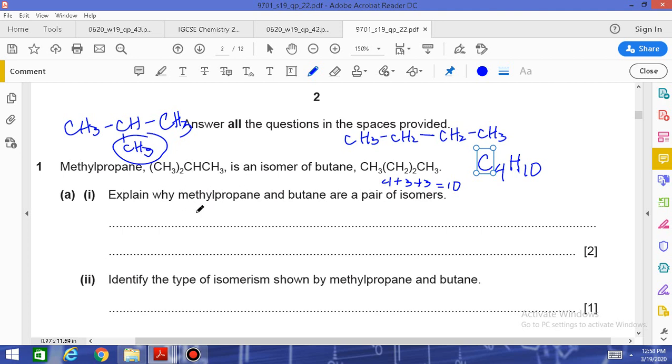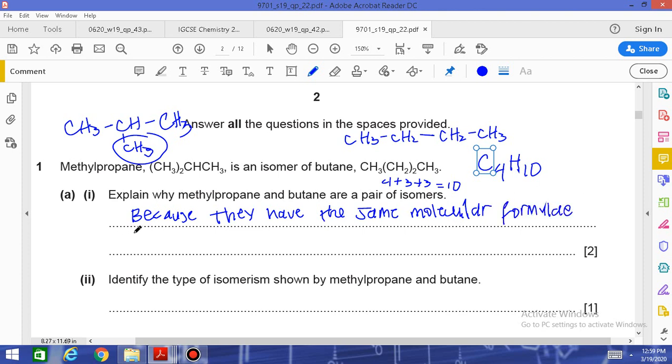So we can answer this question. Explain why methylpropane and butane are a pair of isomers: because they have the same molecular formula but different structural formula.